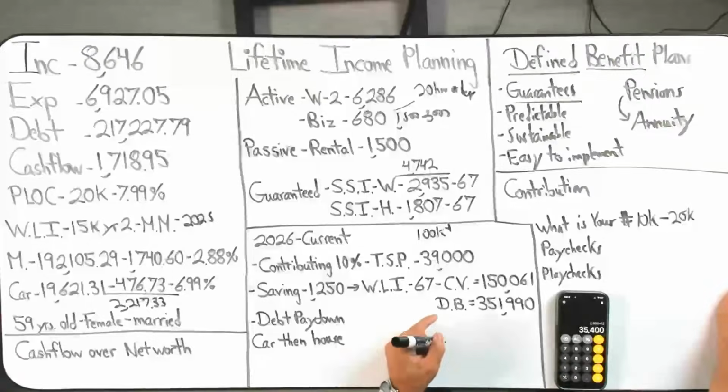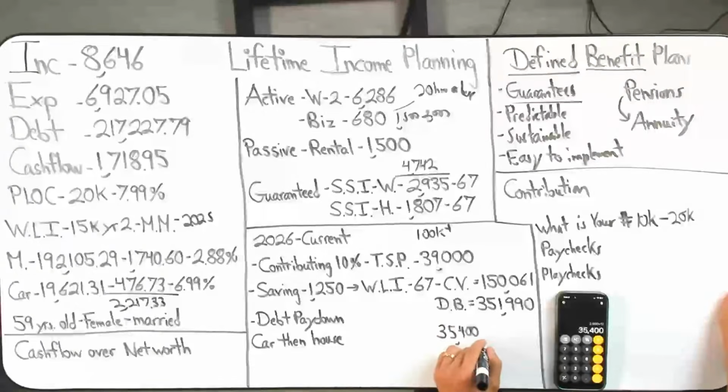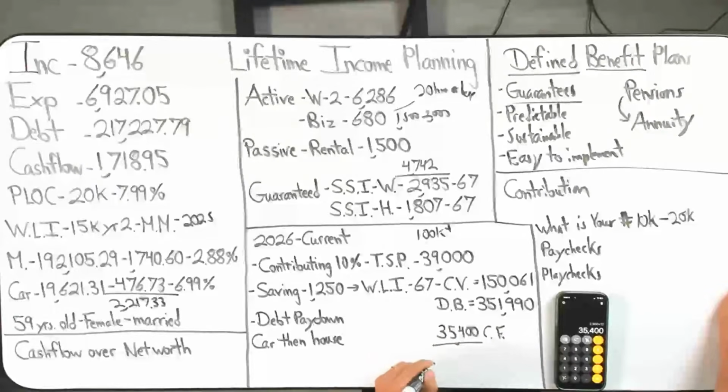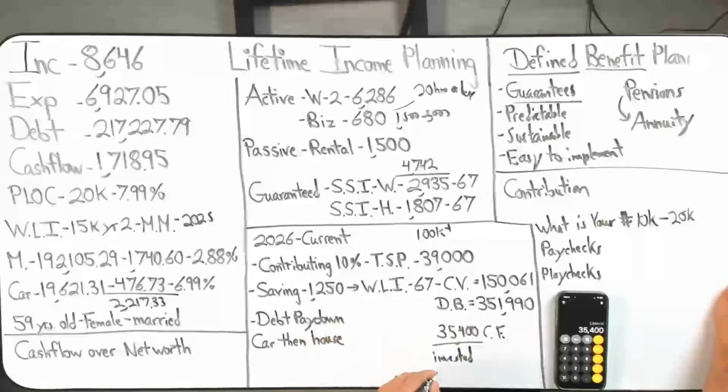That's roughly $35,000 a year in capital, cash flow that could be invested to create more cash flow. The main thing being real estate for this person. That's going to be their vehicle.